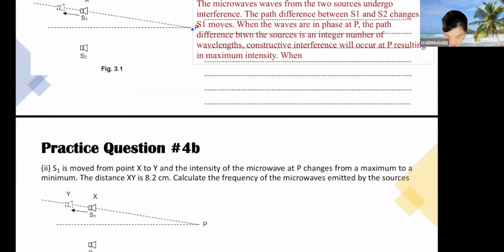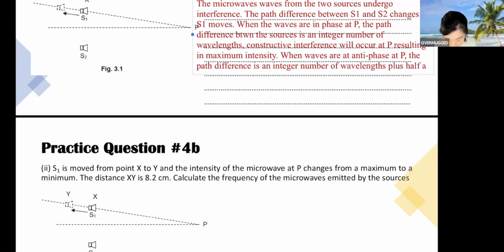Then for destructive interference, we say when waves are at antiphase at P, the path difference is an integer number of wavelengths plus half a wavelength.